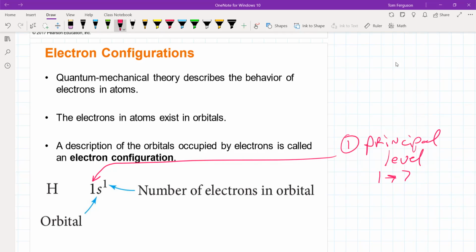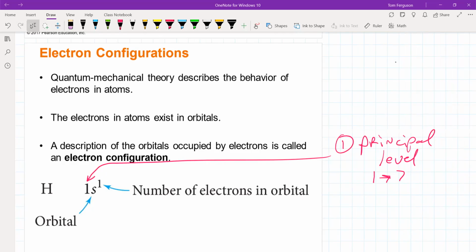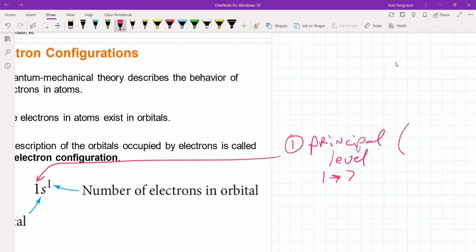Notice this goes down to 7: 1, 2, 3, 4, 5, 6, 7. So basically what we're talking about here for the principal quantum number, there are 7 of them. Now we're also going to call that a shell.